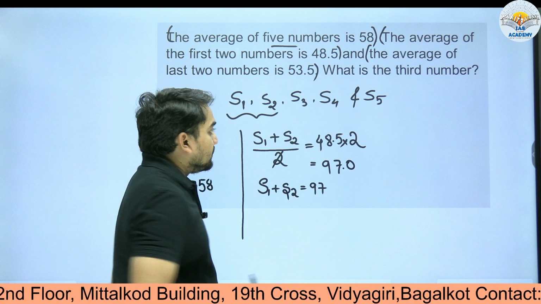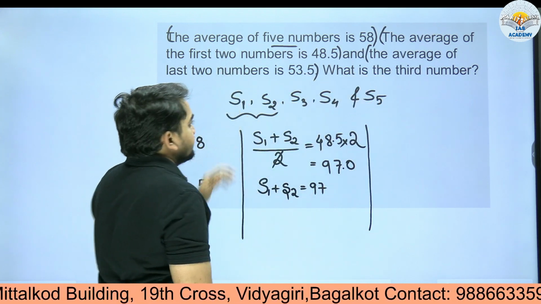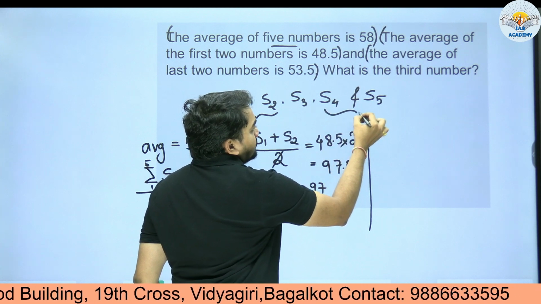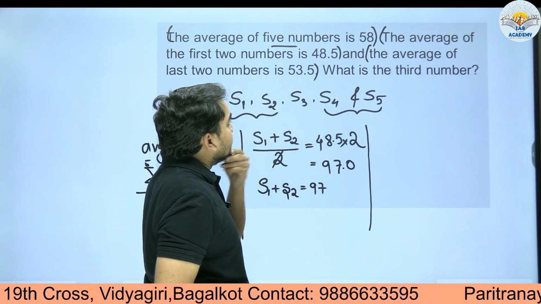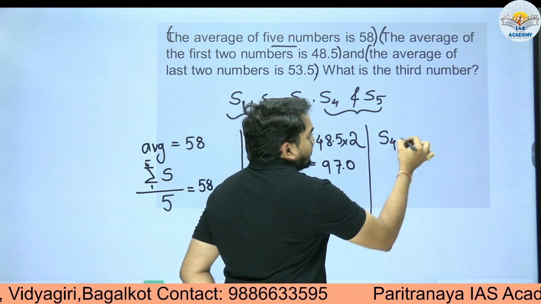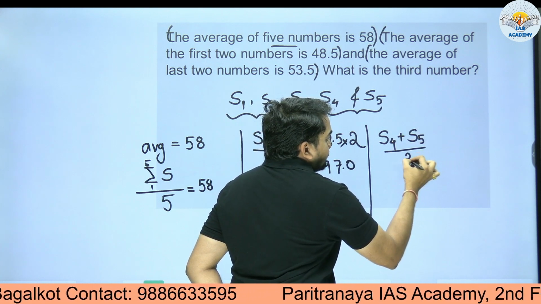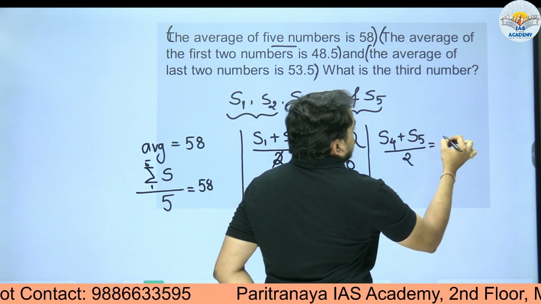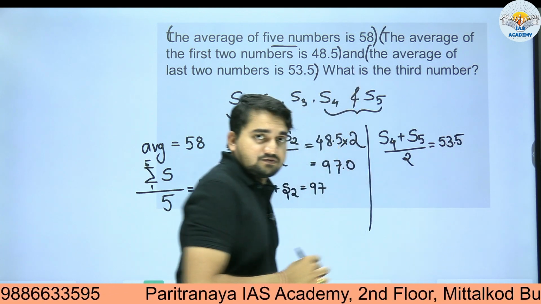Fine. So again, they have taken the average of the last two numbers. Similarly, the average of the last two numbers is 53.5. So S4 plus S5 divided by 2 is equal to 53.5. Okay, got it?